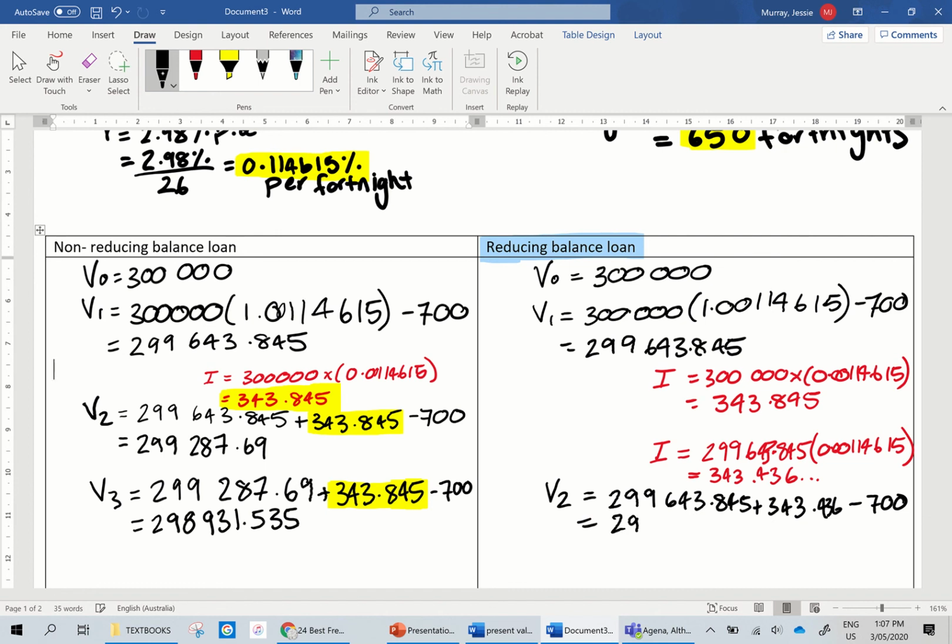So now I only owe this much money. So then I say, okay, the next week we charge interest on that amount. $299,287.2818 times by the amount.